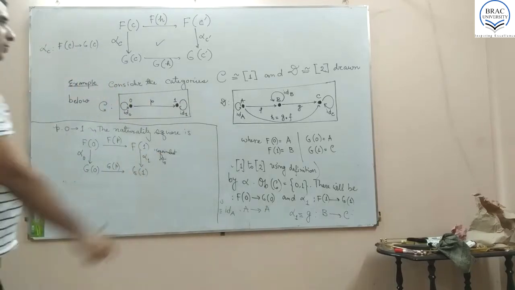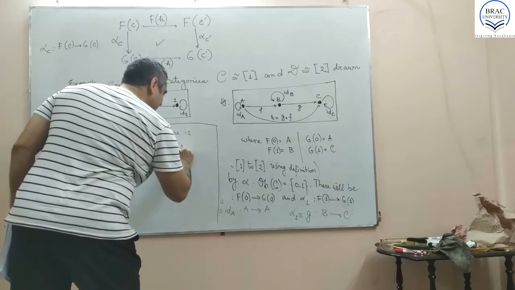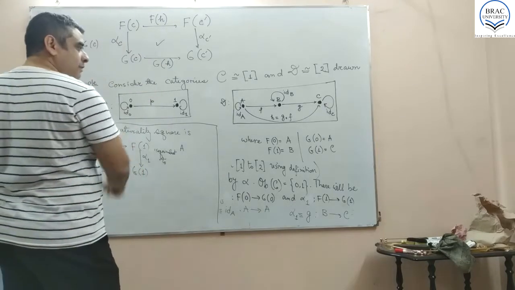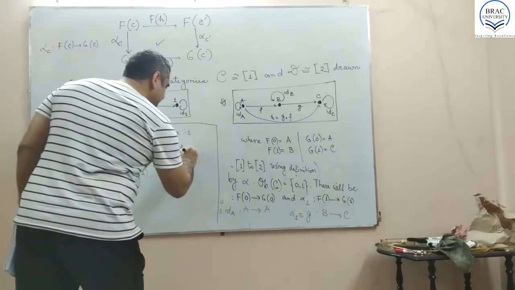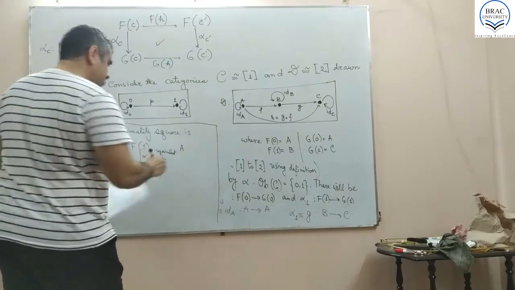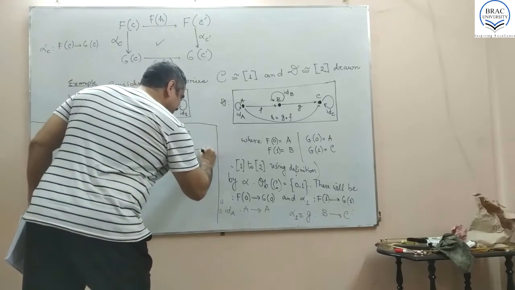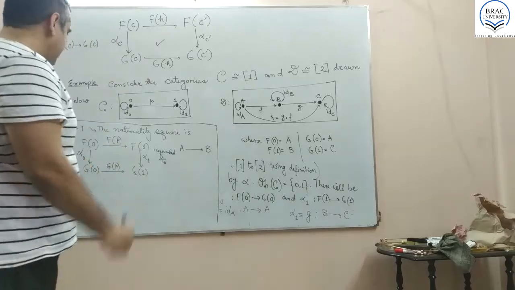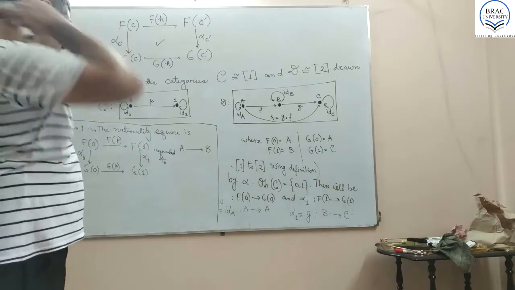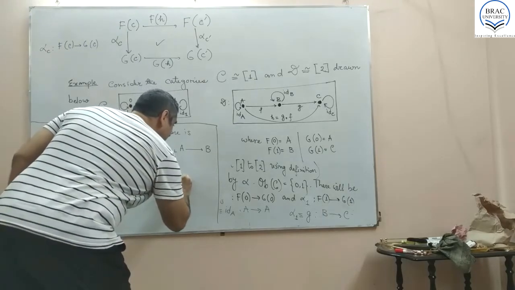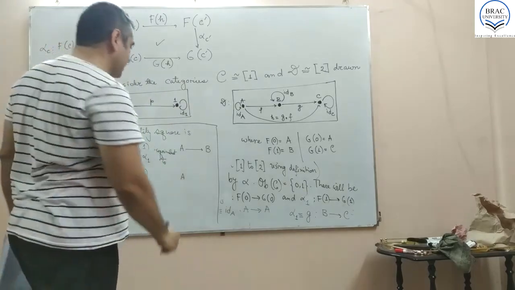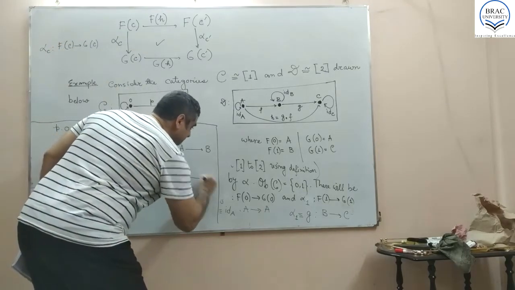What is F of 0? F of 0 is A, and F of 1 is B, and G of 0 is A here, and G of 1 is C.